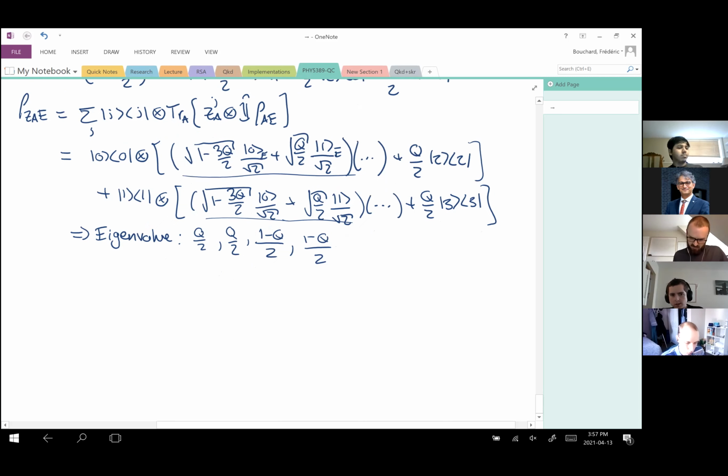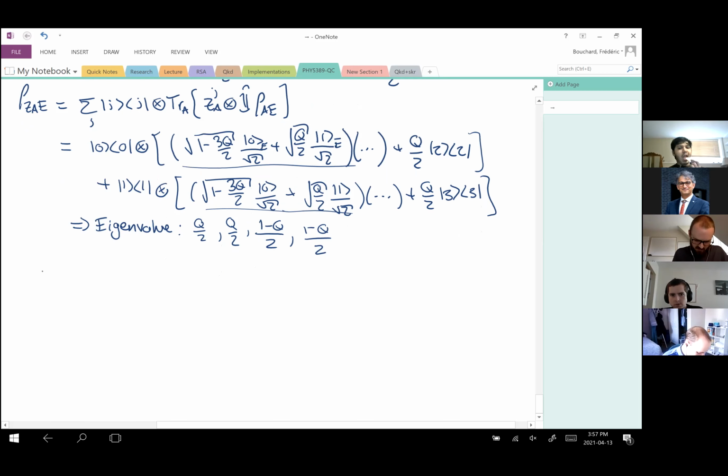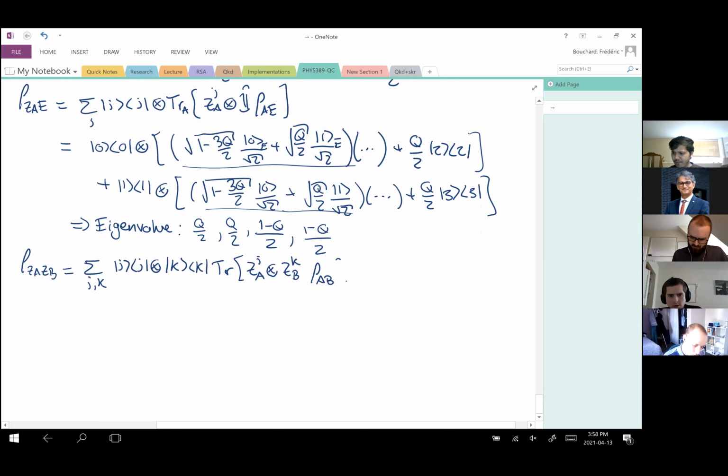Okay, we're getting there. The other state that we need to calculate now is rho ZA ZB. From the definition, it's the trace over ZA, ZB of rho AB. There should be 4 terms. Let's write 0, 0.